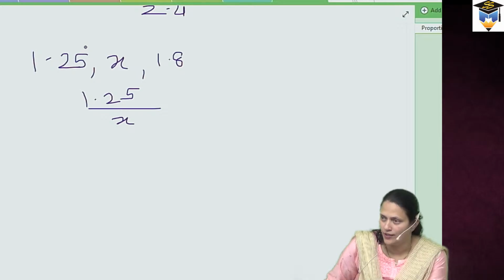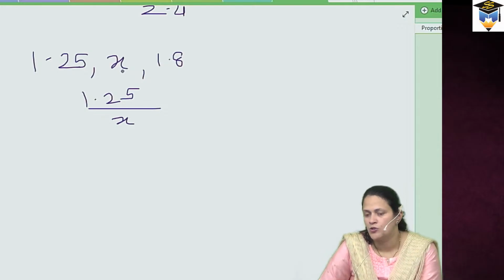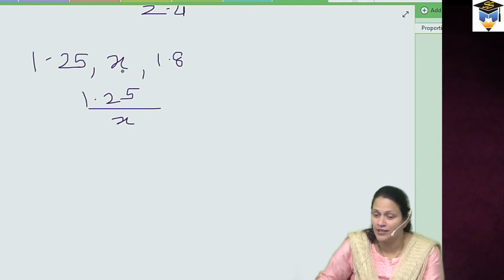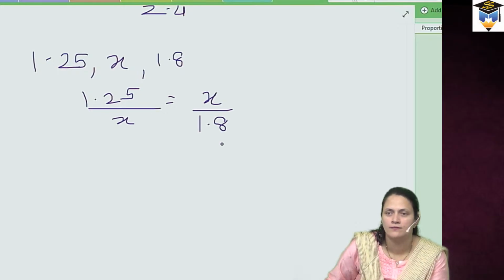ये फर्स्ट वैल्यू है, ये लास्ट वैल्यू है, एंड इन बिटवीन वैल्यू हमें फाइंड आउट करनी है. So what do we do? Product of means is equal to product of extremes, but before that, these are in continued proportion, no? So the x value is in continued proportion, correct? Now cross multiply. X square is equal to 1.25.